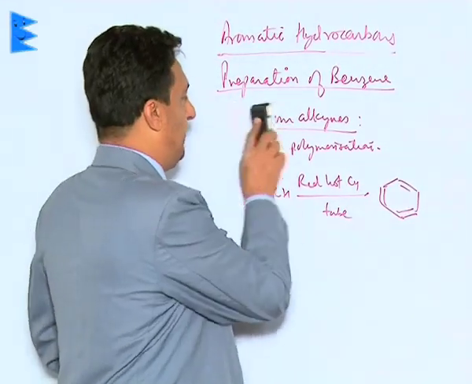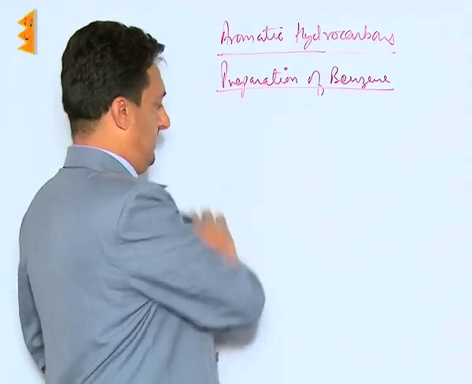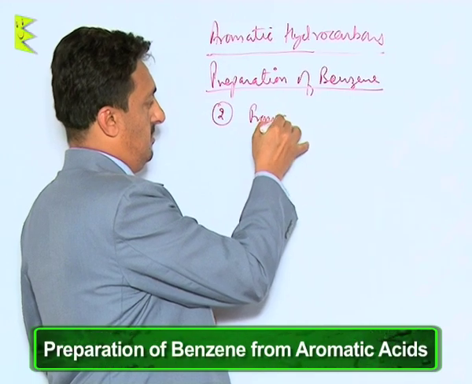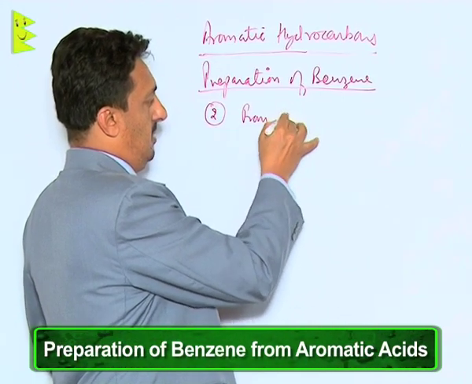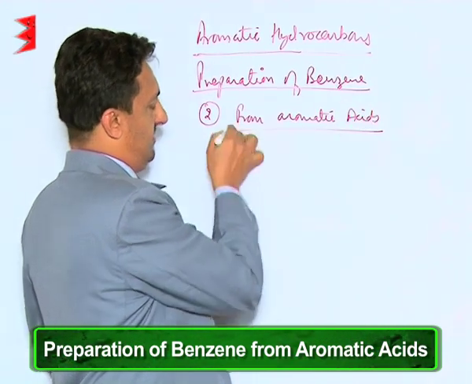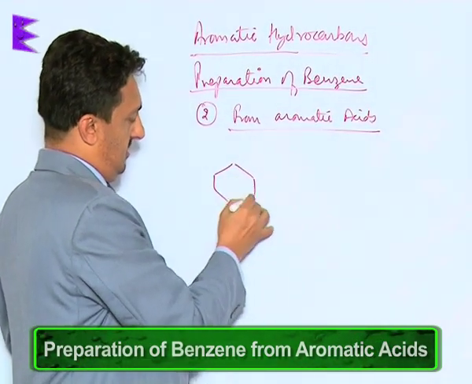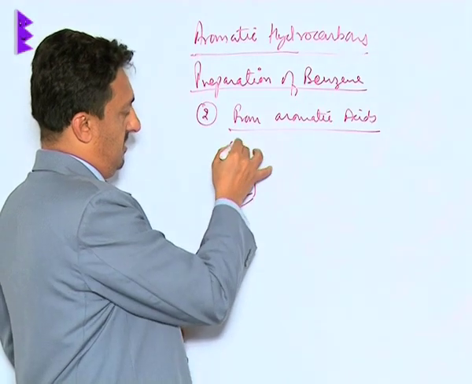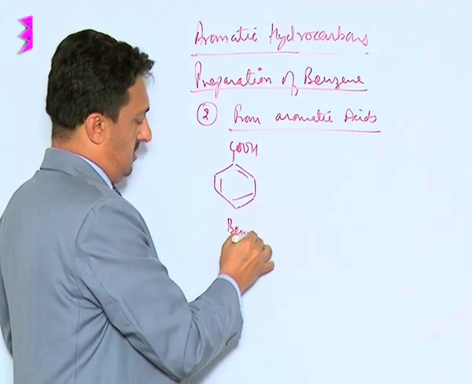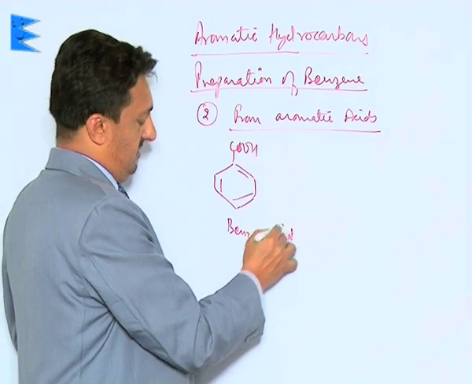We can also prepare benzene from aromatic acids, like this one which is called benzoic acid.